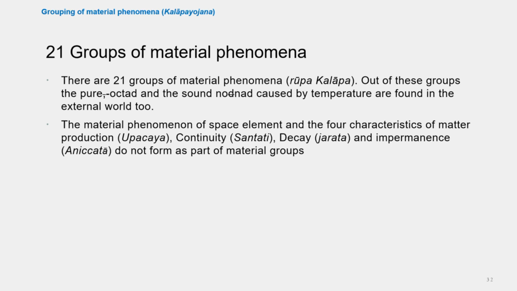Out of these groups, the pure octad and the sound nonad caused by temperature are found in the external world too. So the external material phenomena of the space element and the 4 characteristics of matter, production and continuity, decay and impermanence, do form part of the materials. So it's of these two kinds.